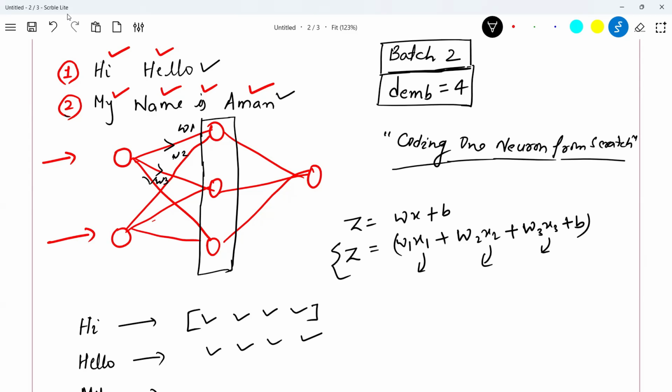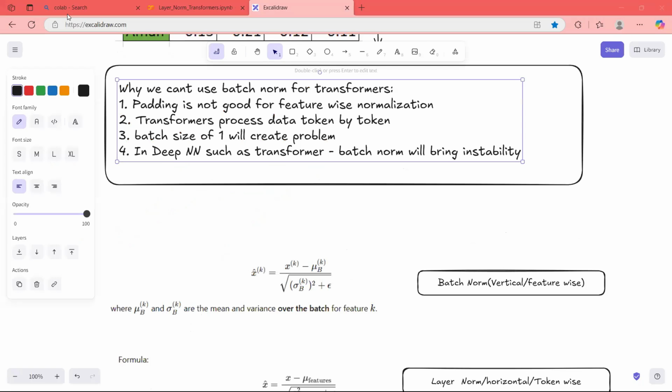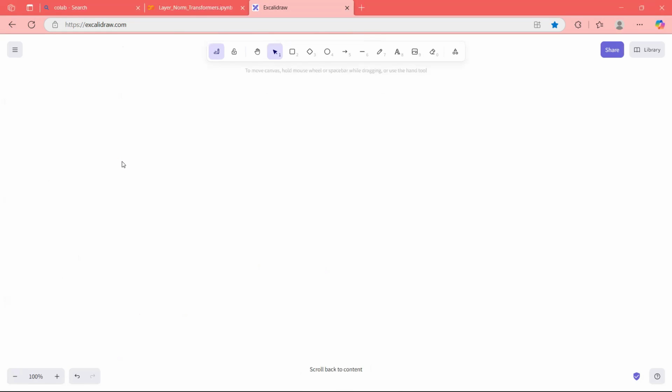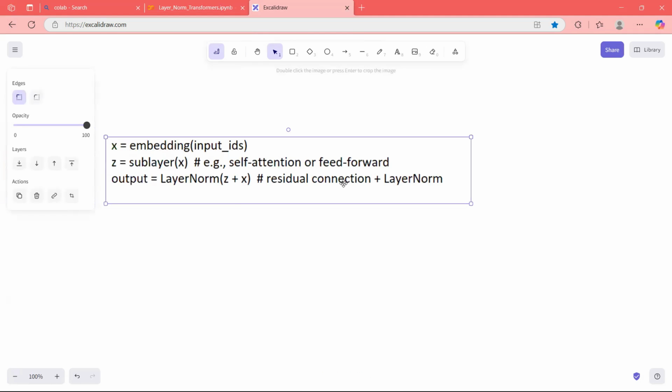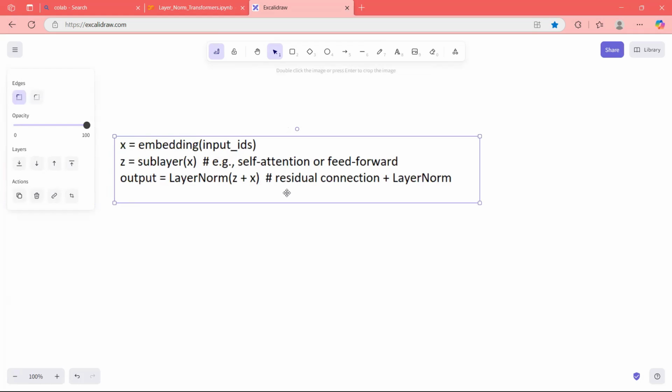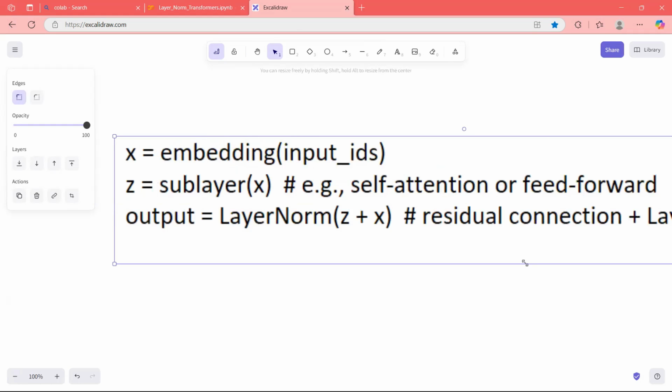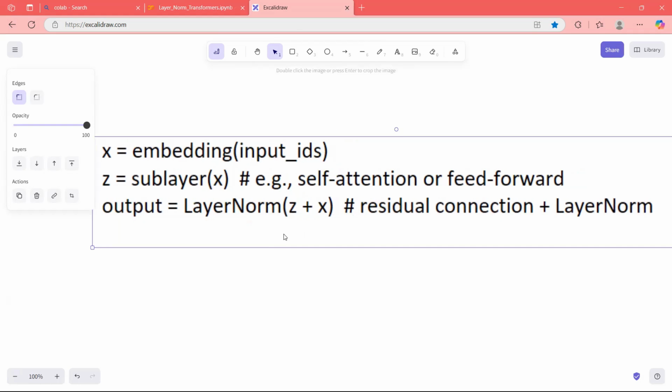which is basically embeddings. In other words, to keep it in a form that you can understand: whenever you are doing a normalization, X will be your embedding of input IDs.